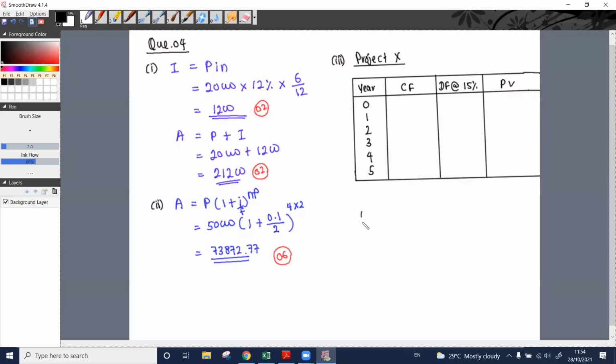Project X, and we need to compute it for the project Y as well. Project Y.